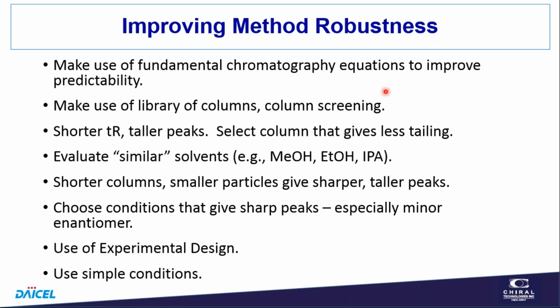Okay, so these are the things we talked about for improving the robustness. Fundamental chromatographic equations help us to predict some of the behavior. Make use of library screening. We want to have sharper peaks, evaluate the different alcohols, shorter columns give sharper, taller peaks. So generally we want to choose conditions that give us sharp peaks, especially for the minor component, and use of experimental design. And use simple conditions.